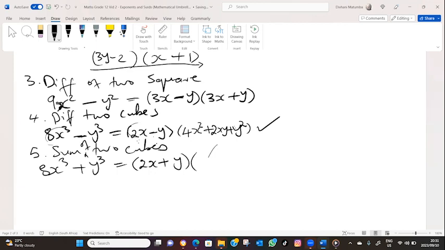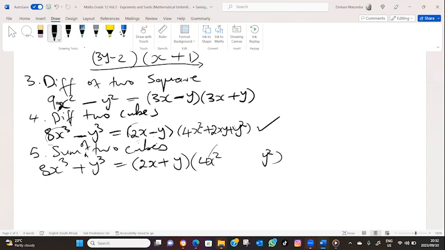And then the first term of the bigger bracket, again, 8x to the power of 3 divided by that expression will give us 4x squared. Y to the power of 3 divided by y gives us y squared.